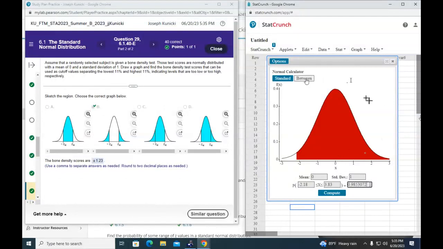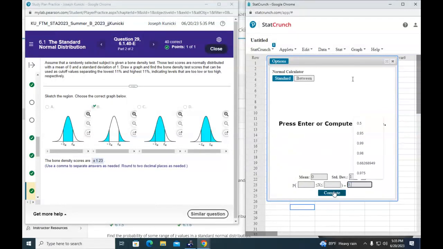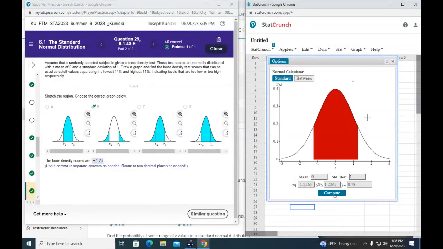So if I go over here and put in 78, the icon only gives me the middle. I can't draw the two outsides. Watch what happens. I get plus or minus 1.23. See, I don't get the 11 in each tail. I get this one, which has 78 in the middle. But that's just so I can get both numbers at the same time. And I know that 2 times 11 is the complement of that.